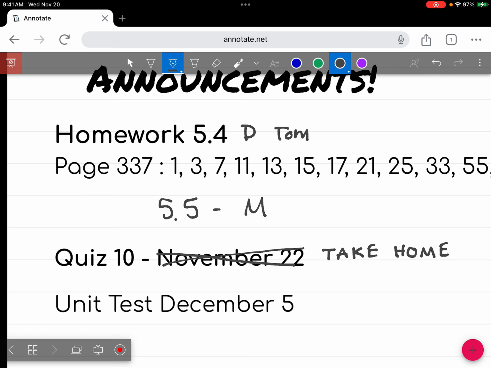So I will, Justin, I will get it to you tomorrow. And Marvin as well. I'm going to get it to you tomorrow. That way we can take all the time we need in class to get through all the things we need to and not be trying to rush through it. But I don't want to give us a quiz on the Monday we get back from a break. That would be brutal. And then especially since we have a test that week.